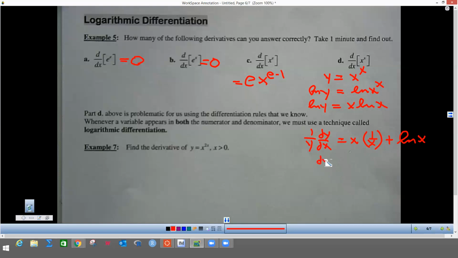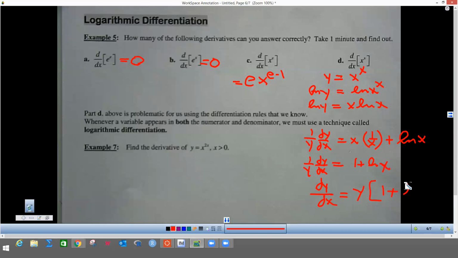So this is going to be dy dx times 1 over y, and then these x's reduce, so this is going to equal 1 plus natural log of x. And we want dy dx, if you look up here, we want to get the derivative of that. So dy dx is, we would have to multiply this y over here.